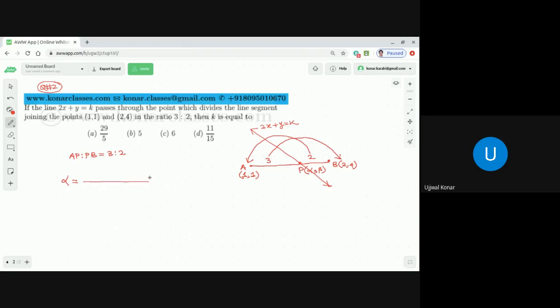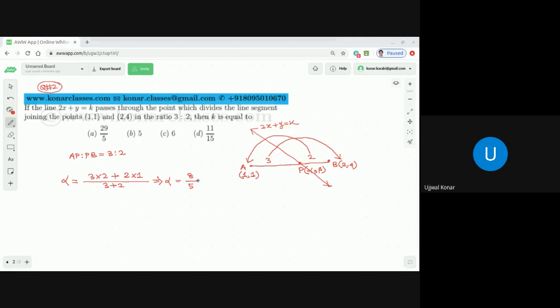So alpha is 3 into the x coordinate of B, that is 3 into 2, plus 2 into the x coordinate of A, that is 1, divided by 3 plus 2. This gives alpha is equal to 8 by 5.